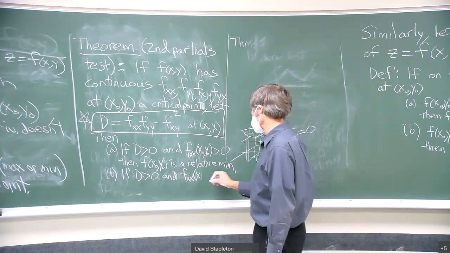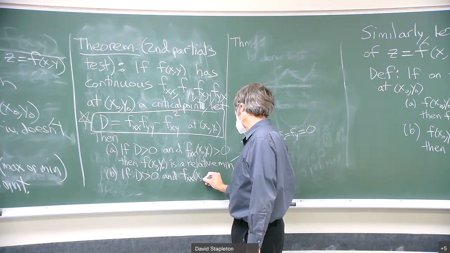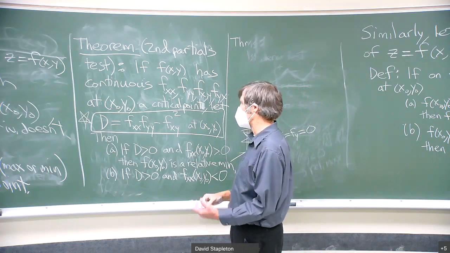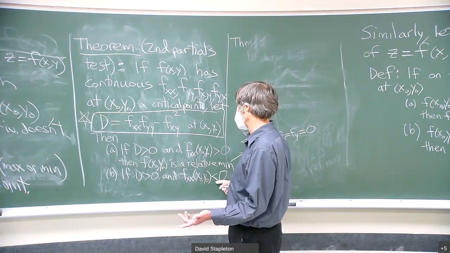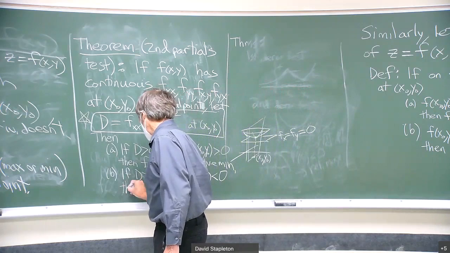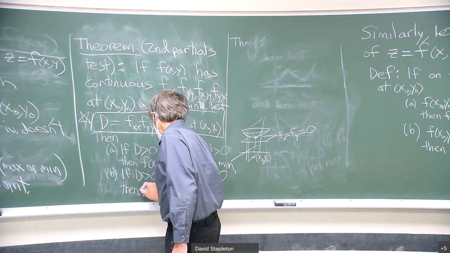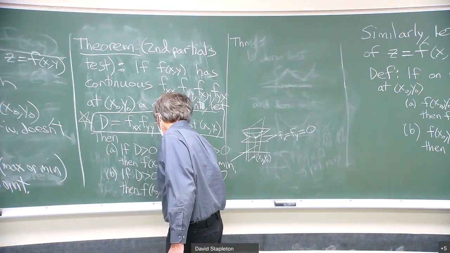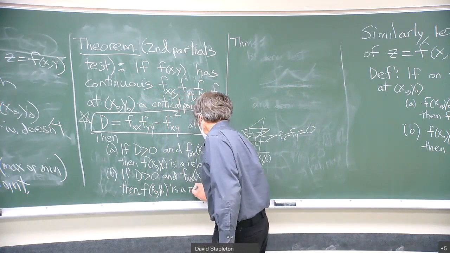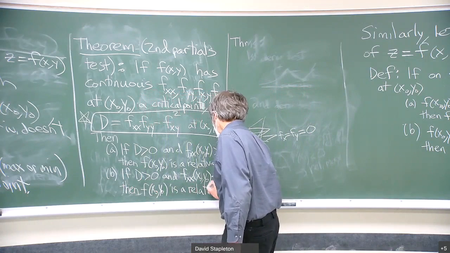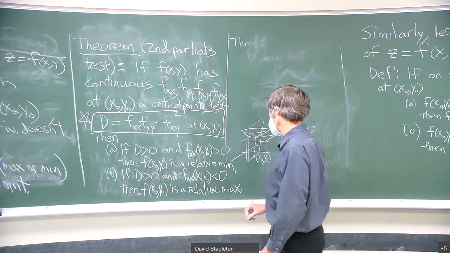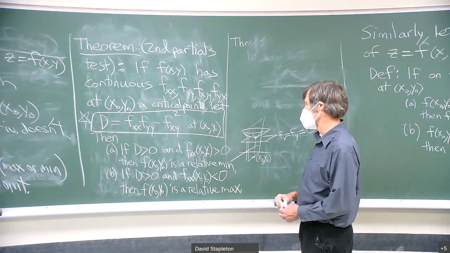Now, if D is greater than 0 and fxx at x0, y0 is less than 0, just like in calculus 1, backwards thinking, second derivative negative means it's actually a maximum. Then f at x0, y0 is a relative or local maximum. So second derivative negative is a max, second derivative positive is a min, just like in calculus 1.